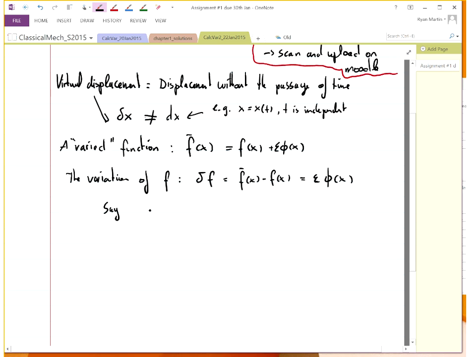So say we have a function y of x. So y is a function of x. And then we have capital F, which is a function of y. So capital F is really a function of y of x.